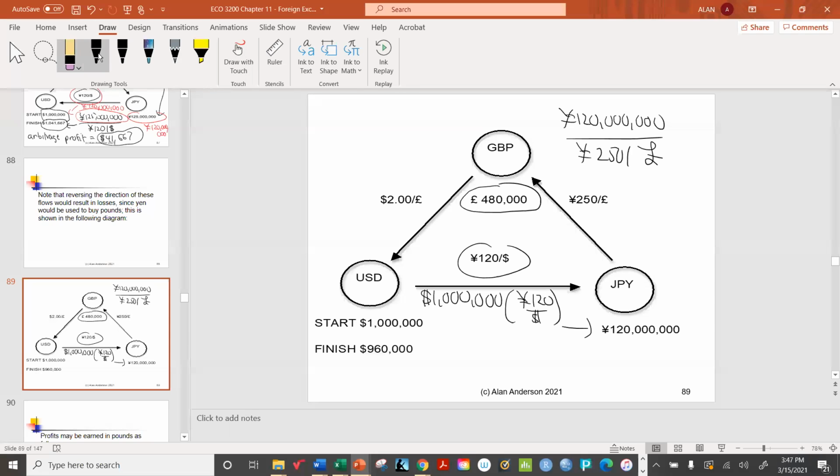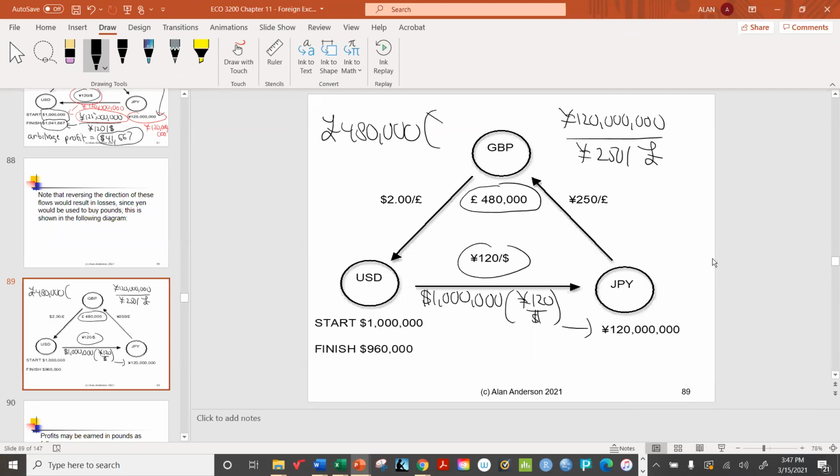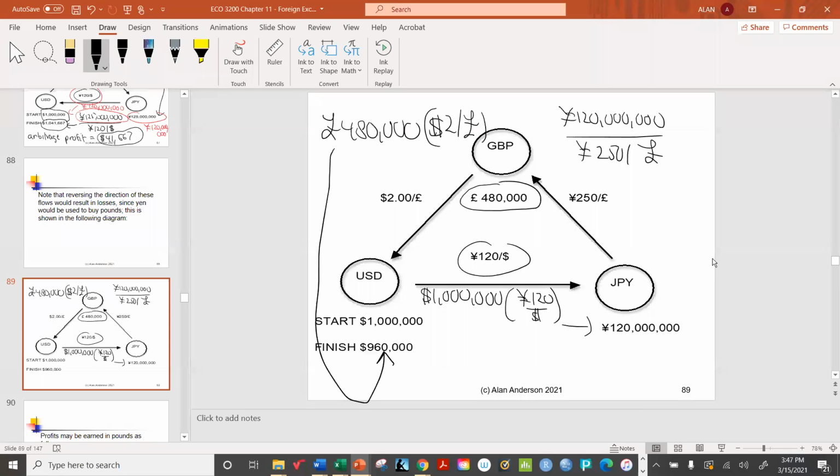My 480,000 pounds is multiplied by $2 per pound because I want to convert them into dollars. And guess what? That leaves me with only $960,000. I started with $1 million and I ended up with 960. I made $40,000 disappear.